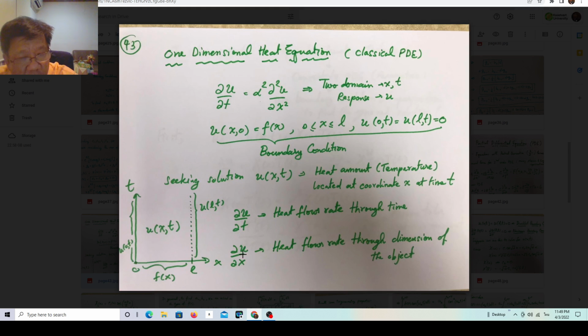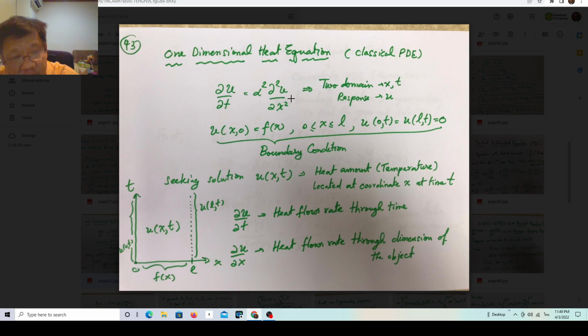We're not going to go through the derivation directly, but the relationship that holds is the governing law of the rate of change of heat over time and over dimension: the change of heat over time is equal to alpha squared times the rate of change over dimension.